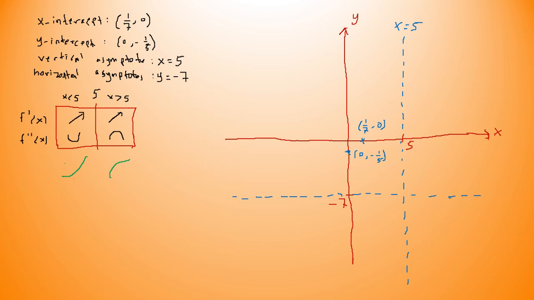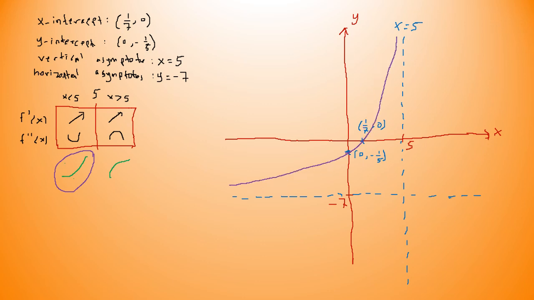Alright, now we can sketch the curve for x less than 5. Just now, this curve for x less than 5 must cross the x and y intercepts. So we can draw the curve crossing the y and x intercepts. Okay.